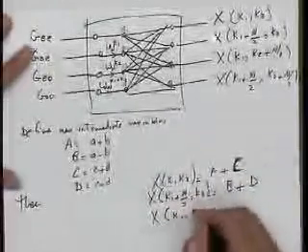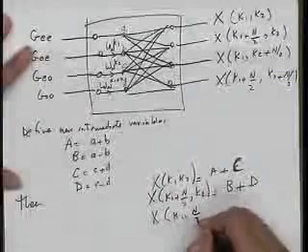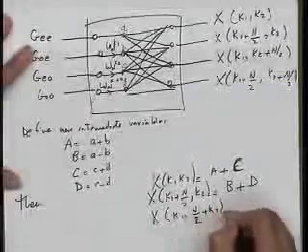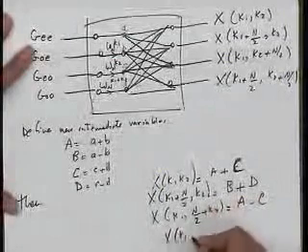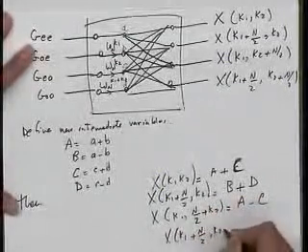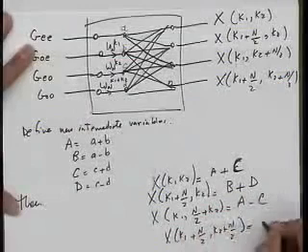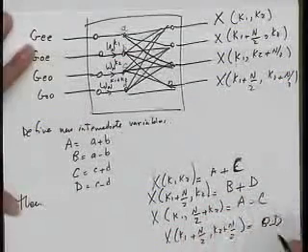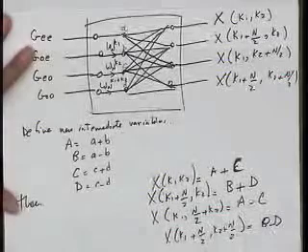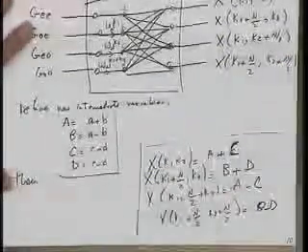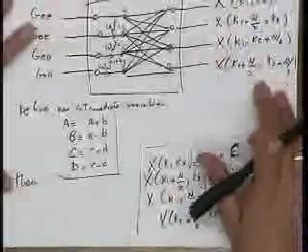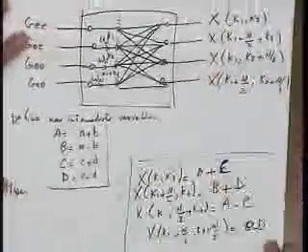X of k1 comma n over 2 plus k2 is nothing but A minus C, and X of k1 plus n over 2 comma k2 plus n over 2 is nothing but B minus D. Okay? So if I define these variables, then I can write my outputs that I need in this way.